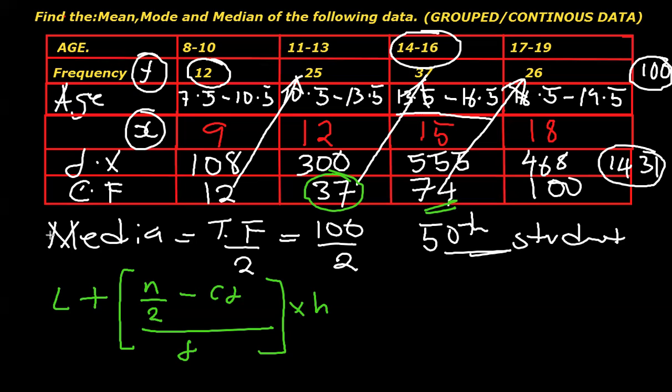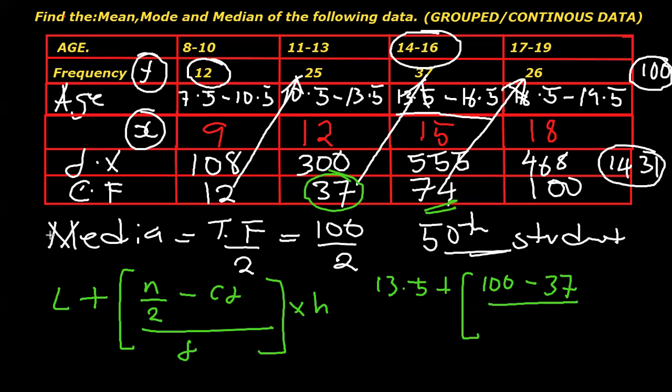So we have 13.5 plus our brace, and then the total number of observations is 100, minus the cumulative frequency below the median class, which is 37, and then divide by the frequency of the median class, which is, what's the frequency of the median class?